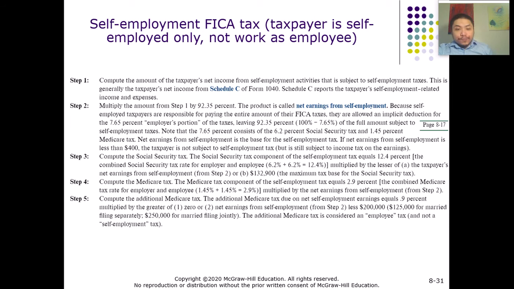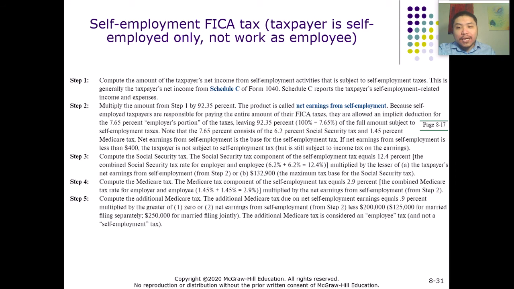So if the self-employed taxpayer's earnings are above that threshold, then we need to calculate the additional Medicare tax, the 0.9%, right? So how do we calculate that?